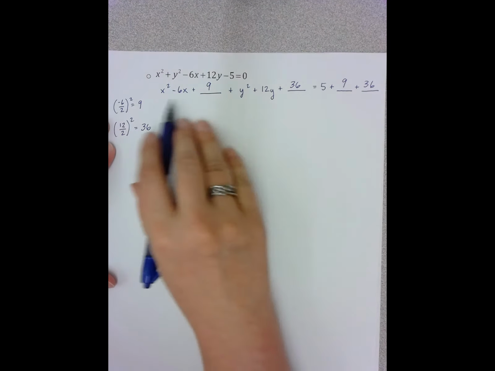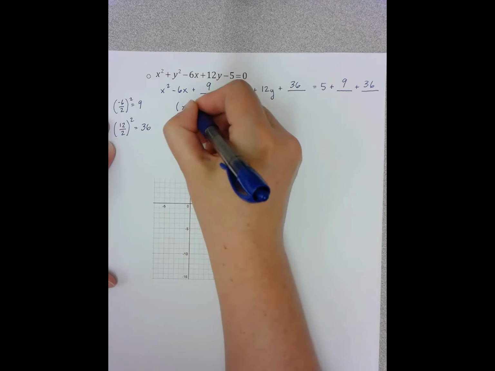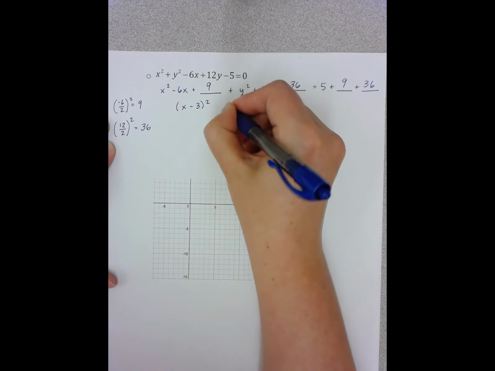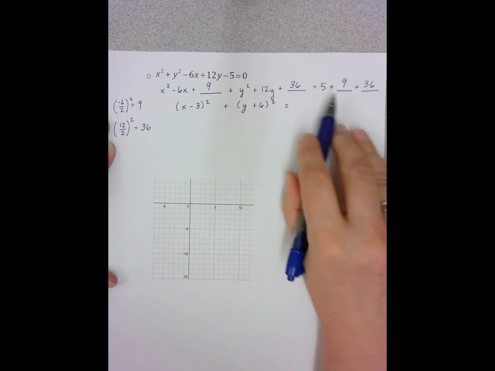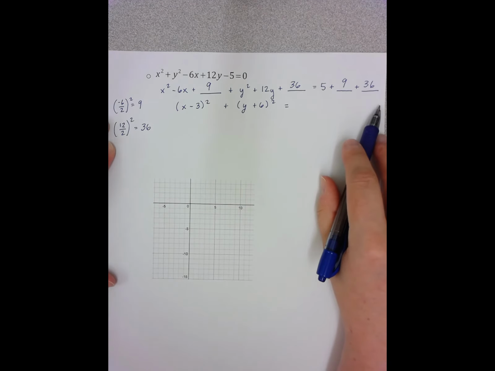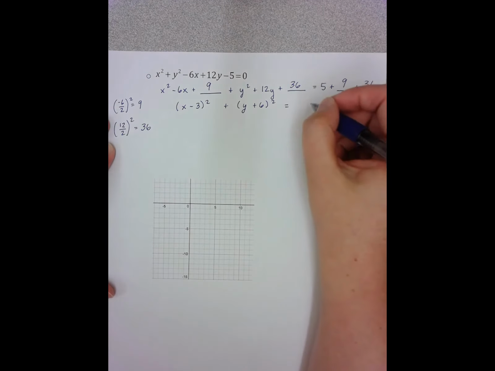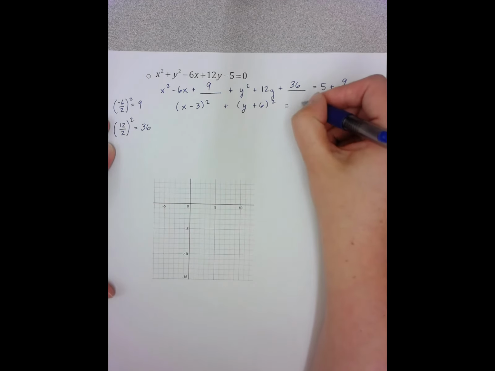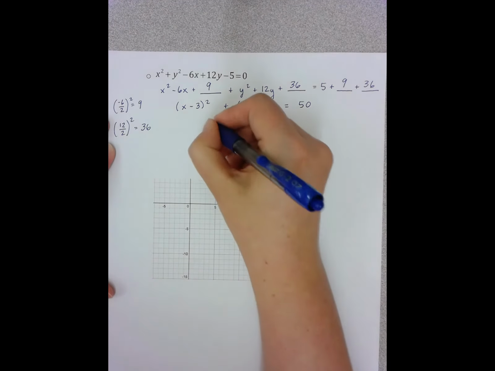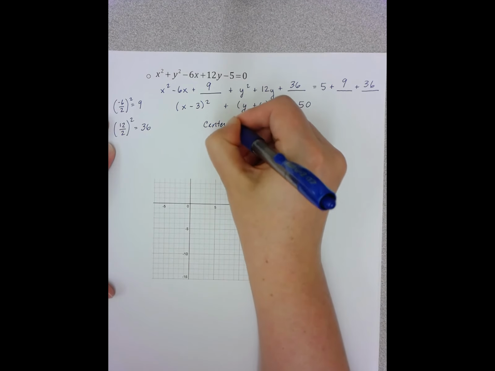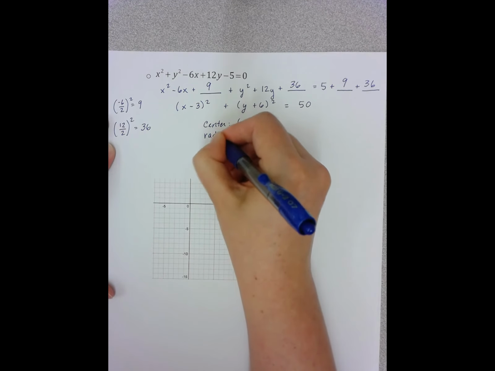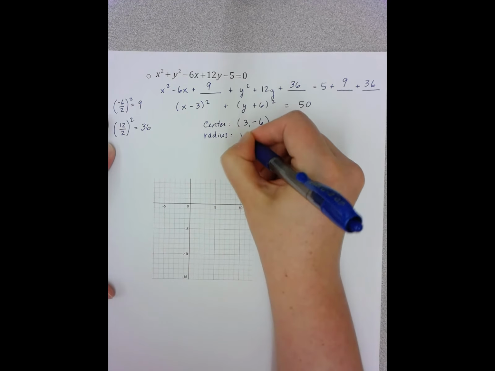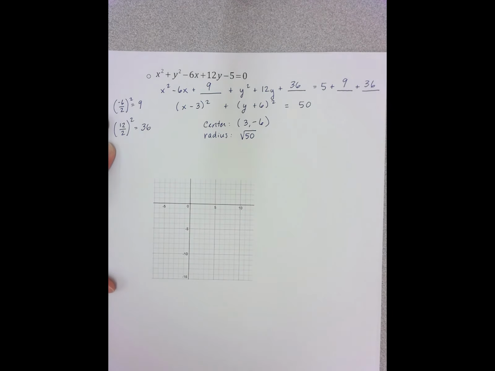I now write my x's as a perfect square and my y's as a perfect square. And then I simplify my radius squared. And simplified, that equals 50. Now I can identify my center, which is 3, -6, and my radius, which is the square root of 50.